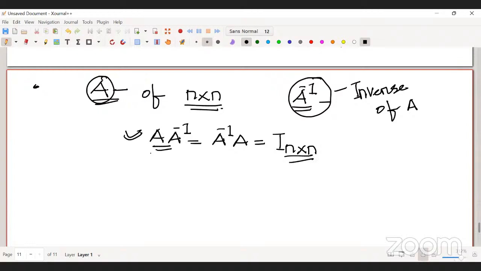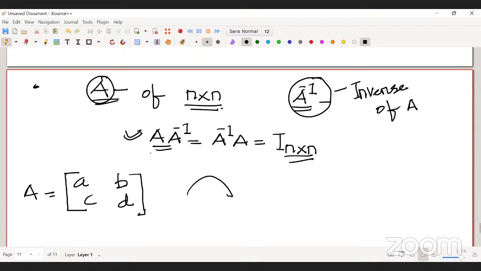For example, if I take a matrix A, B, C, D, this is my A. So A inverse is some 2 cross 2 matrix, right?